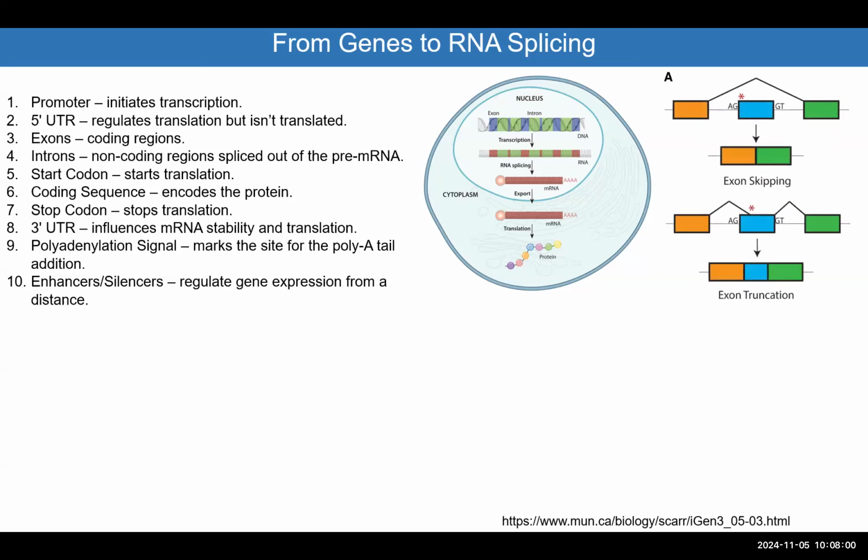So in terms of the RNA splicing, remember that different exons can lead to generation of different transcripts. So in this particular example here, we had 3 exons. The first isoform has exon 1 and 3. And the second isoform has the exon 1 and a truncation of exon 2 and exon 3.